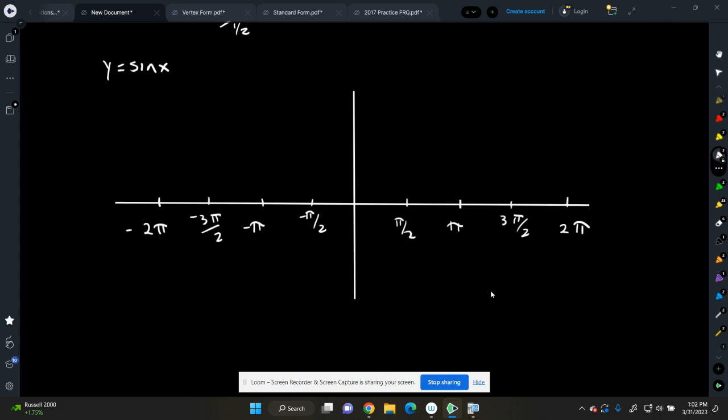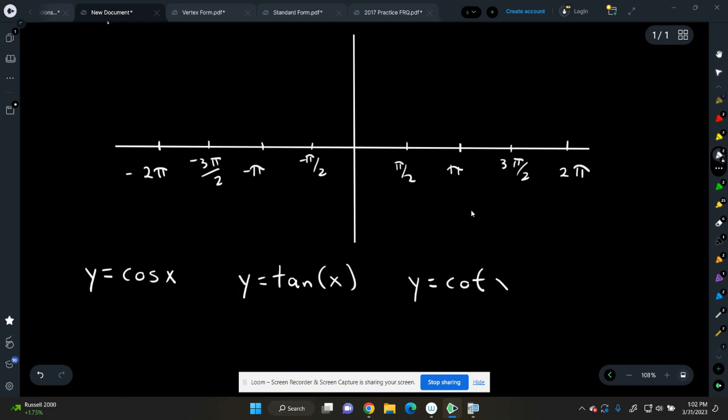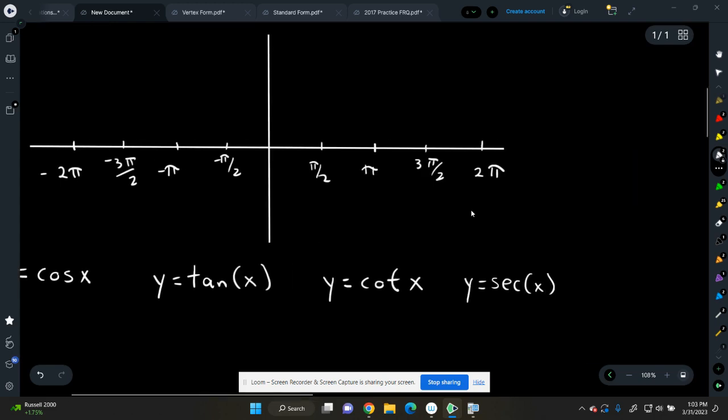And then, on a separate graph, since you're going to do 6 separate graphs, y equals cosine x. And then y equals tangent x. Y equals cotangent x. Y equals secant x. And y equals cosecant x.